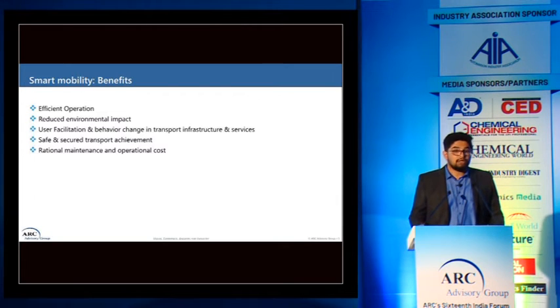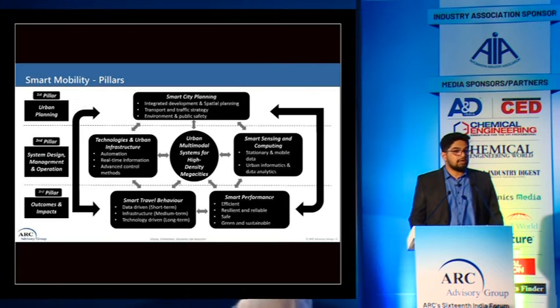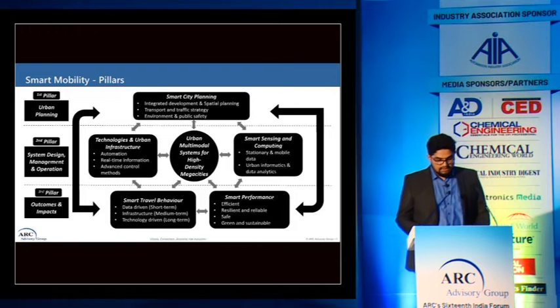What are the pillars required to build smart mobility? The first is urban planning, which includes smart planning. Second is system design, management and operation, which includes technology and urban infrastructure and smart sensing and computing. The third is outcome and impact, which includes smart travel behavior and smart performance. I'll be explaining what is included in each pillar in the coming slides.